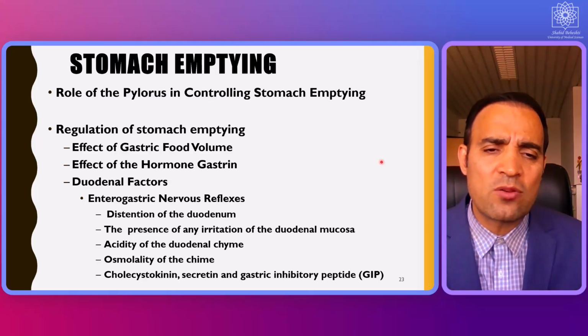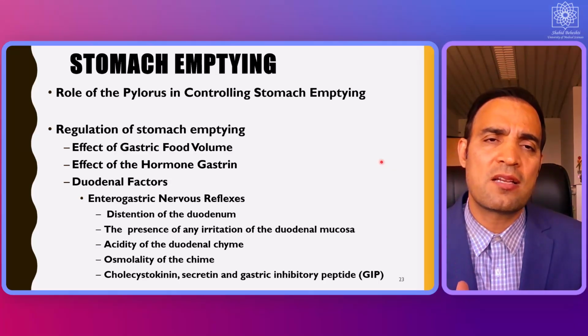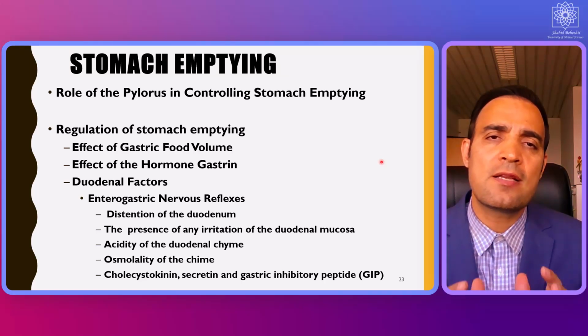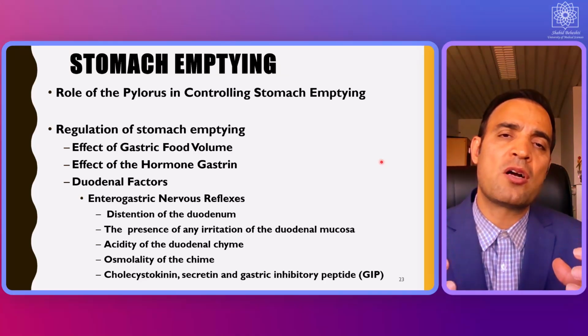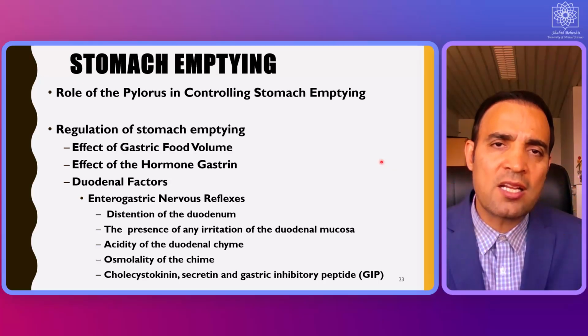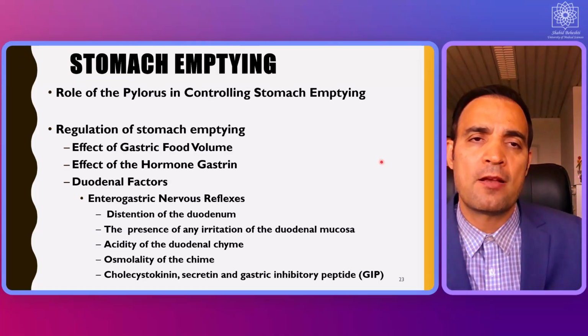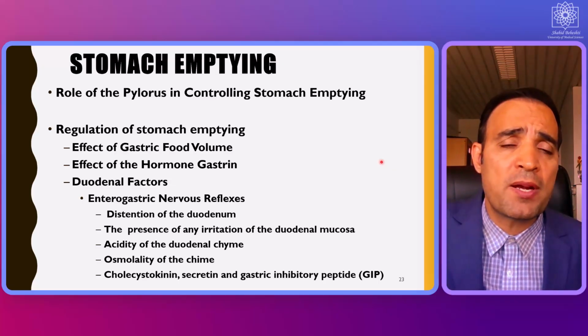These all factors show that gastric motility or stomach emptying is under the control, that some control factors are inside the stomach, some are outside the stomach, such as the duodenum, and some are in the brain.